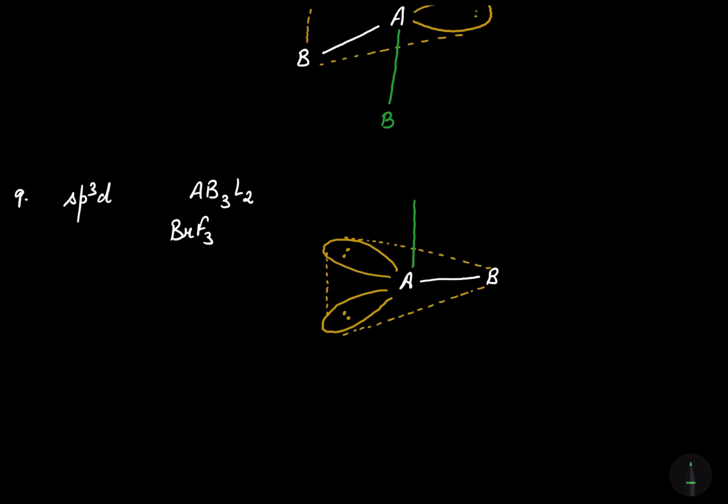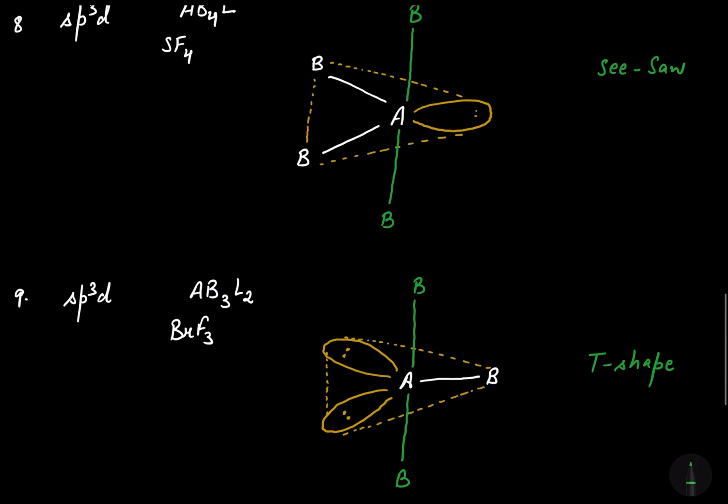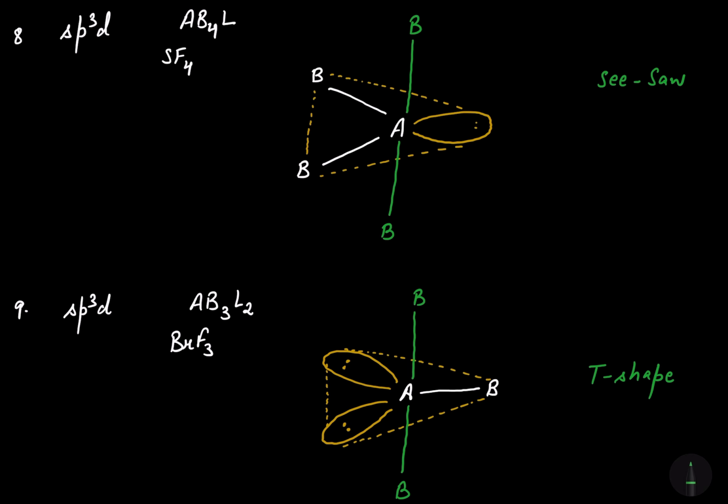The first B over here and the second B over here. I hope you are getting this diagram in 3 dimensions. Now this structure is termed as T-shaped structure. Again I'm not mentioning the angles. We will be discussing the angles in the VSEPR theory, the valence shell electron pair repulsion theory.